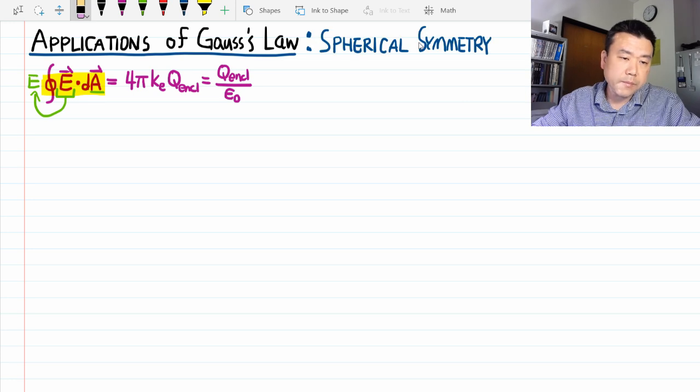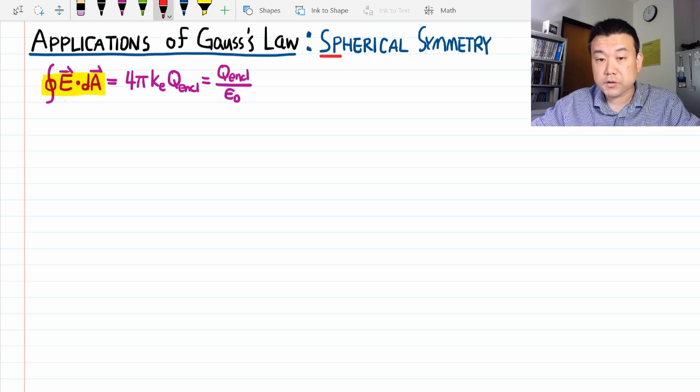If you remember the other lecture videos, you might remember the sphere example being the most difficult example. Now with Gauss's law, the exact opposite is true. Spherical symmetry actually represents the simplest kind of symmetry. This is where we have rotational symmetry in all three dimensions.